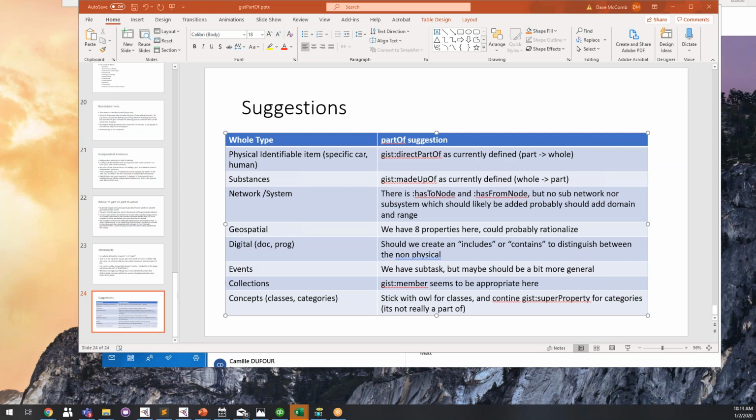Yep. But I think the distinction here with substances is if something loses its individual identity when it becomes part of the whole, or is joined to the whole, that would be an appropriate point to use that property.